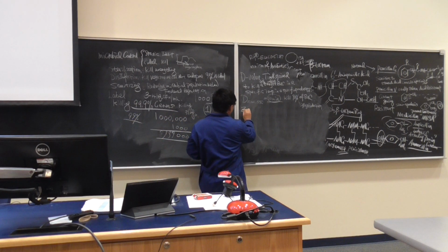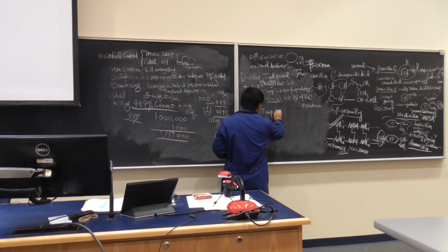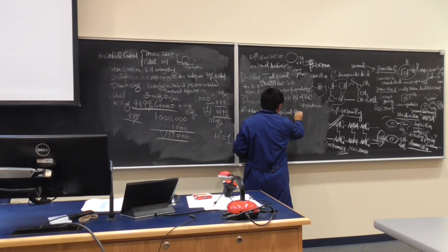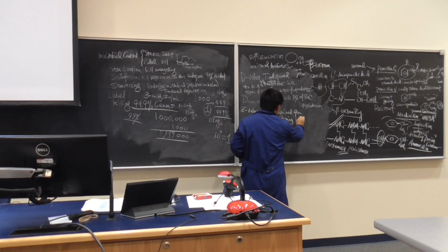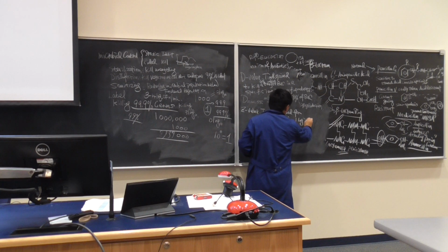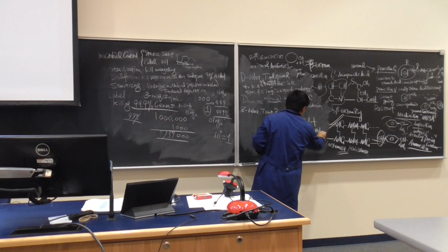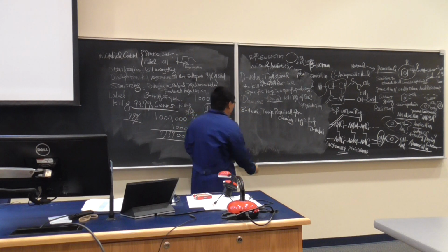Then we talk about another thing, which is called the z-value. What is the z-value? The temperature required for changing the D-value by 1 log. So how do you understand this?